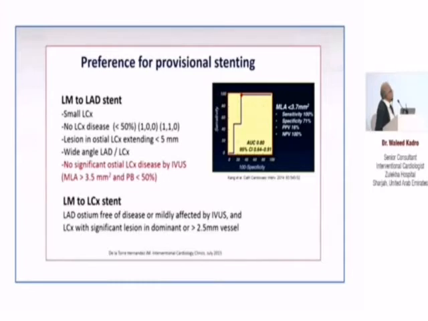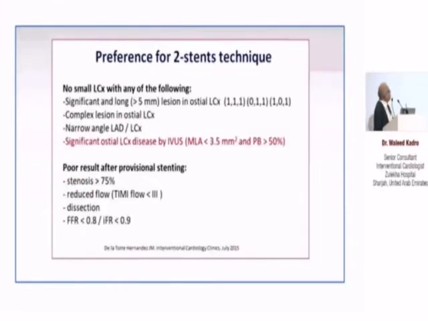So whether it's Medina 100 or 110, and there is no significant disease in the circumflex, the plaque burden is less than 50%, and the minimal lumen area for the ostium of the circumflex is above 3.5 square millimeters. We don't need to cover the other point.